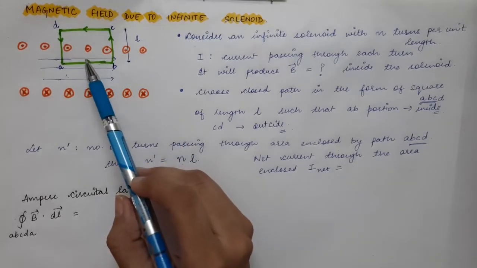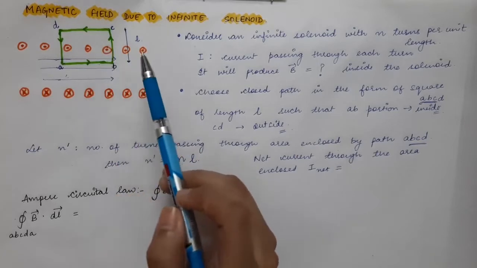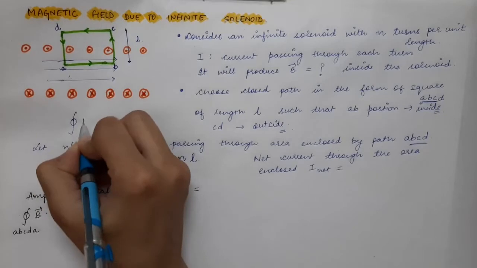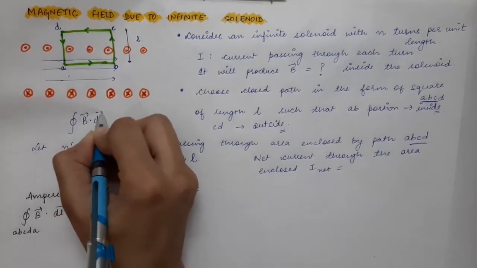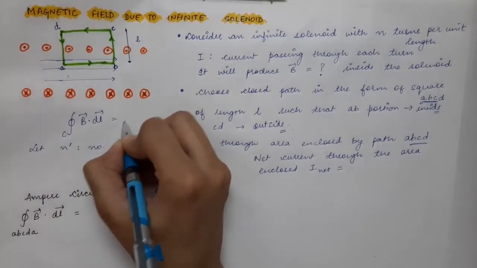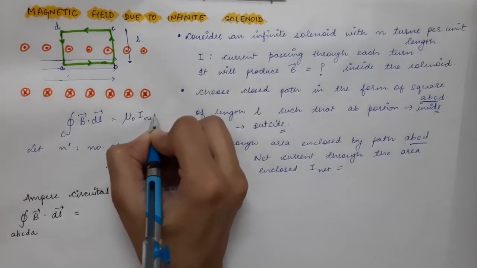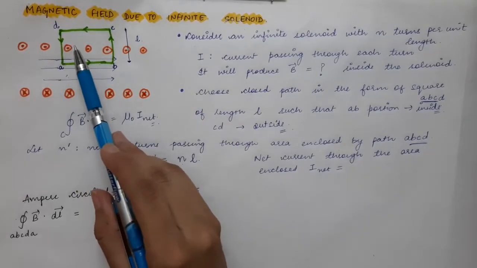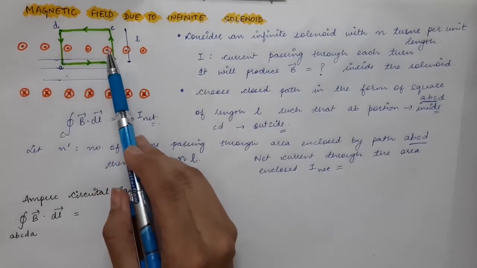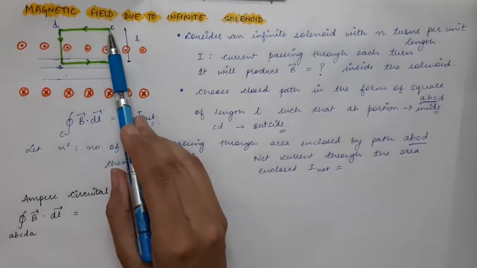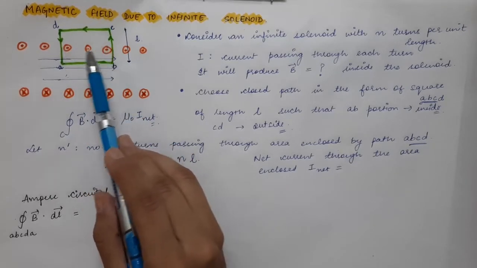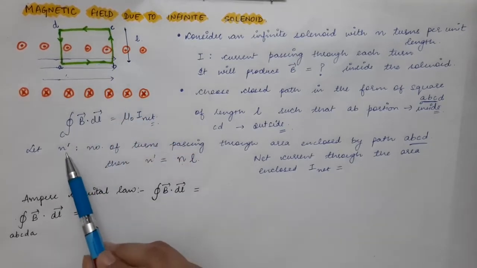Now we want to use Ampere's circuital law, and on the right hand side, what do we have? B vector dot product with dl vector over a closed path is given by mu naught times the net amount of current. Here we will have a large number of wires passing through this closed path, and the number of wires will be equal to n prime.